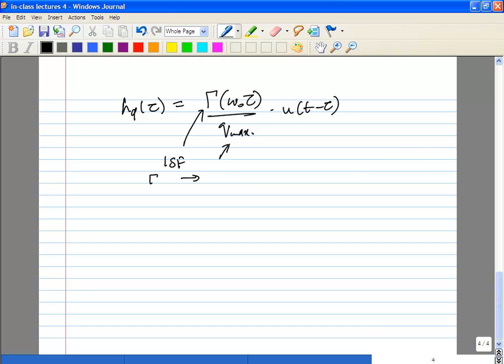So your gamma is going to be dimensionless, and it's going to be periodic with period 2 pi, because it follows the signal.